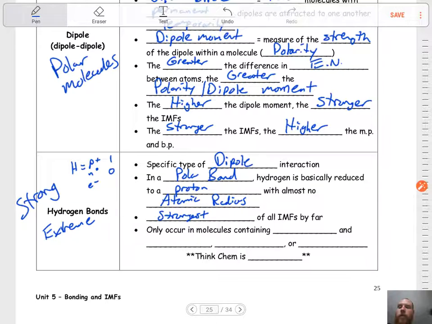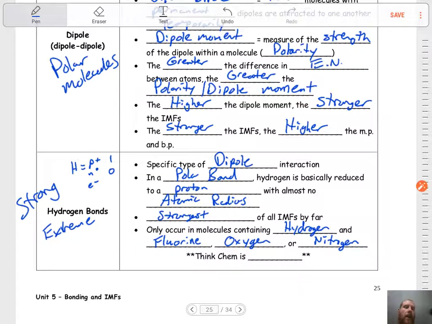They only occur in molecules with the following elements. So obviously it's got to have hydrogen, and then it's got fluorine. So it's hydrogen bonded with fluorine, or hydrogen bonded with oxygen, or hydrogen bonded with nitrogen. Okay, it's only these 3, and maybe sometimes it's associated with chlorine, but for our purposes, we're not even going to worry about it.